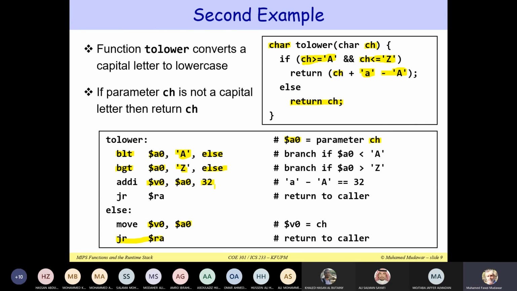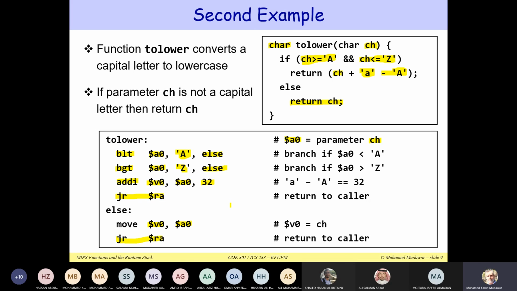By adding 32 to A0 and placing the result in V0, we have converted the character to lowercase, and we place the result in V0 because I would like to return it in V0, and then jump register to RA. RA is my return address so that we can return to the caller. So this is a second example of a function, a very simple function that has an if statement, and notice that it returns a result.